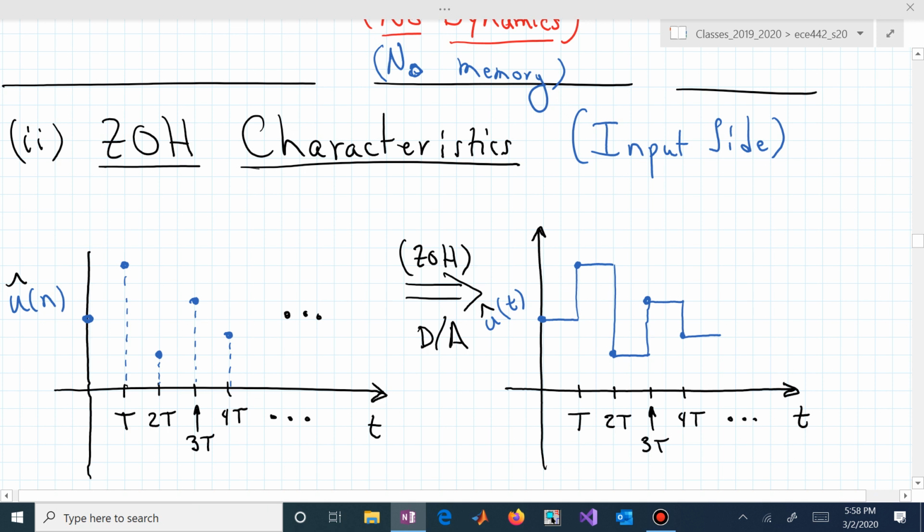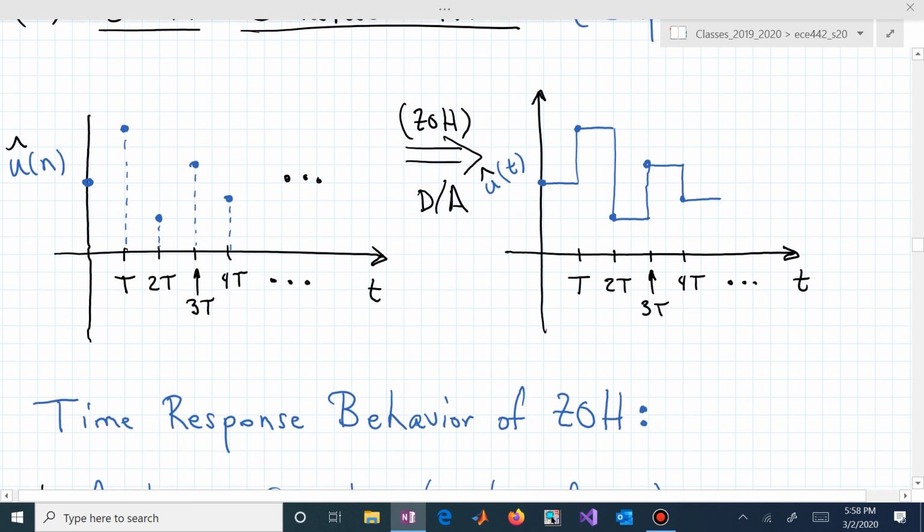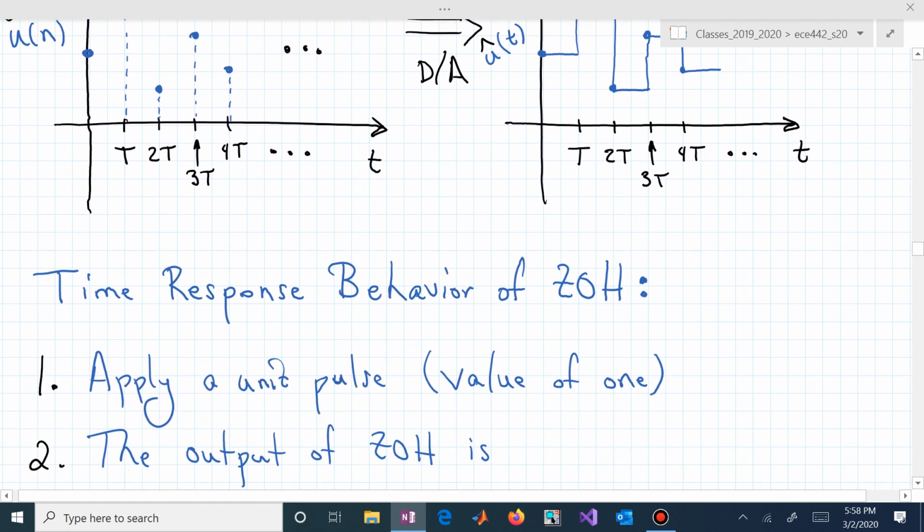I'm just holding constant between each of these values at each sample instant. We now need to figure out, okay, how do we model that? Can we model that? What's the time response behavior of this zero order hold? And one way to find that is to go ahead and apply, question?